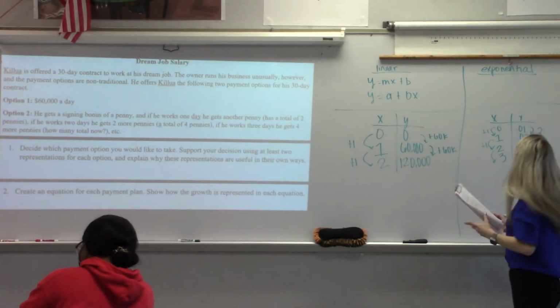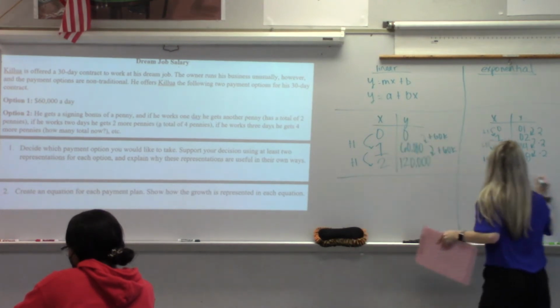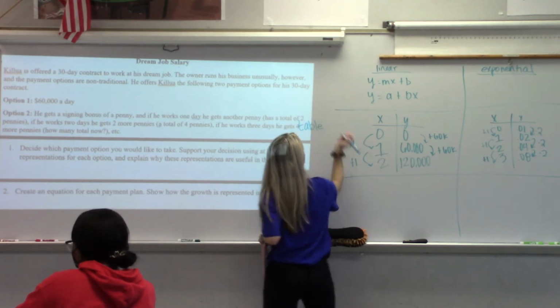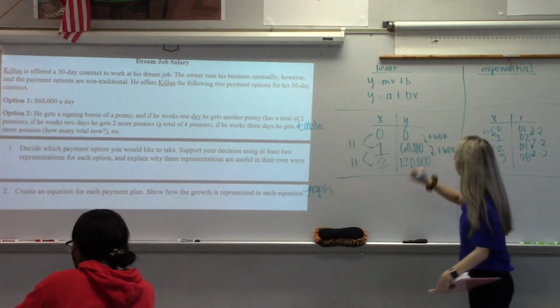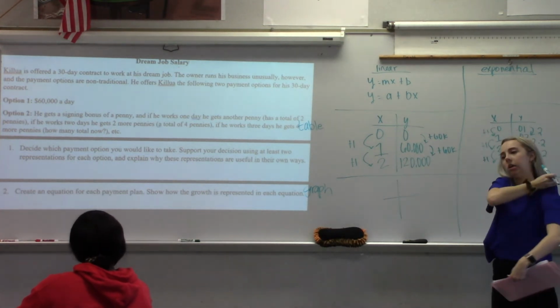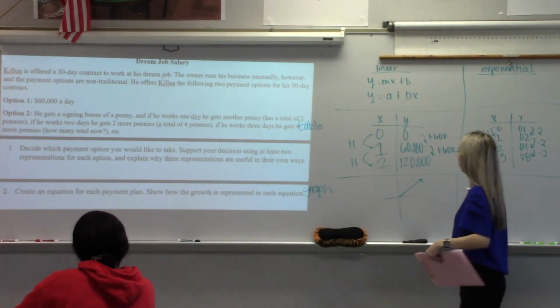Okay, so for those of us, did everybody graph it in here? I did. Okay, so when we graphed it, I'm going to draw another line. I'm going to label this for the table. I'm going to label this for the graph. When you graphed option 1, what did it look like? A straight line. Right, just straight up.